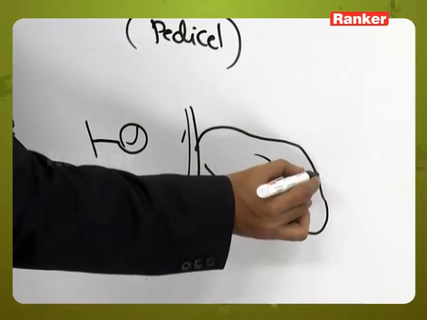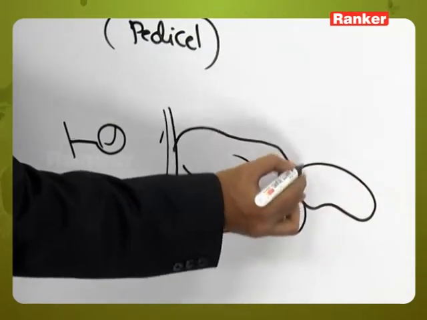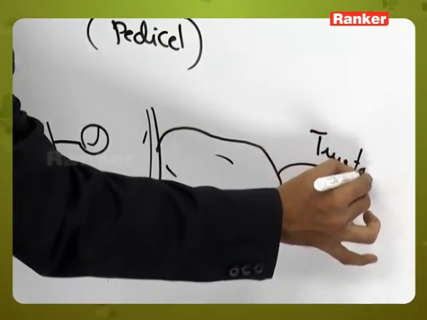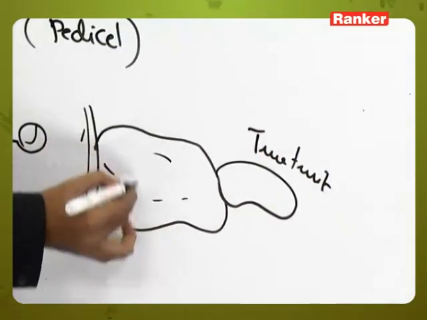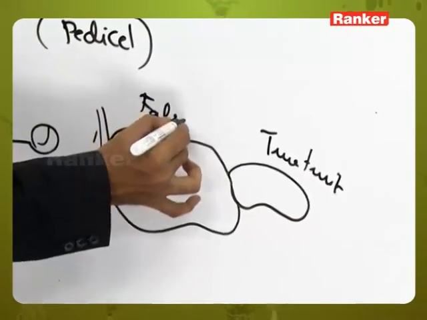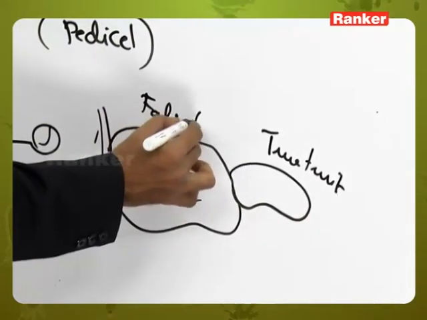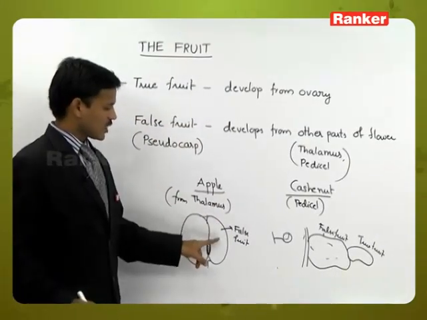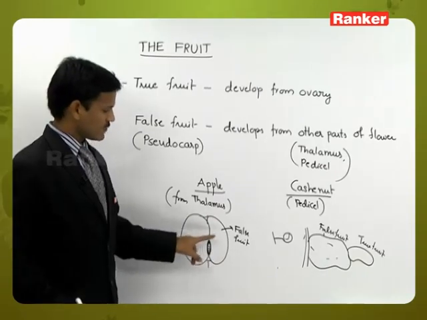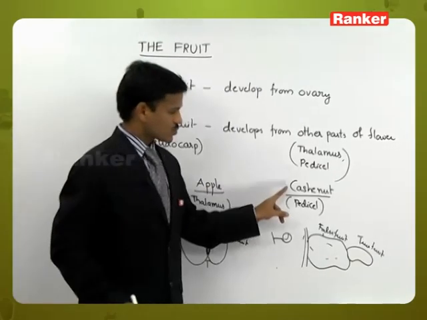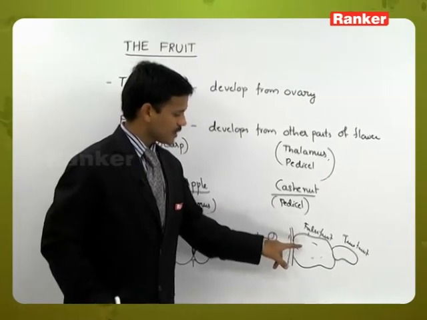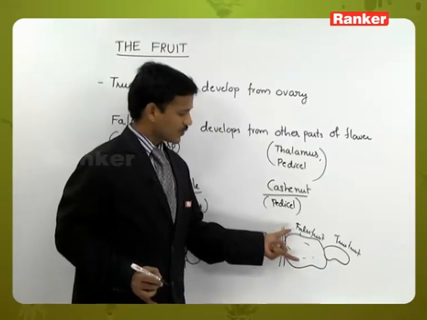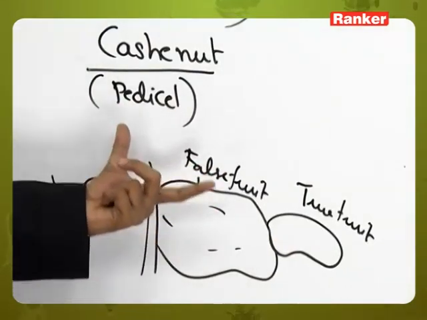And ovary also develops into fruit, but it is true fruit. It is a false fruit. In apple, the thalamus develops into fleshy part. It is false fruit. And in cashew nut, pedicel, the stalk of the flower, is developing into fleshy part. The fleshy part is called as false fruit.